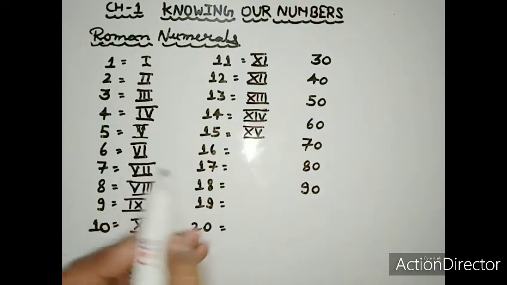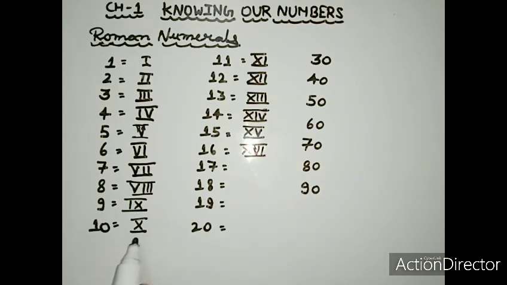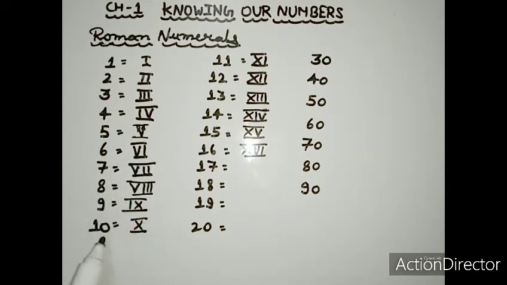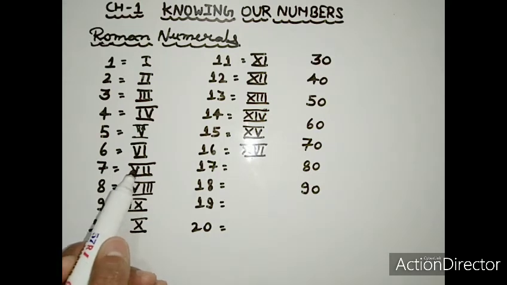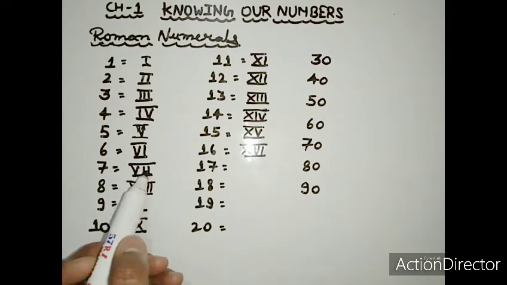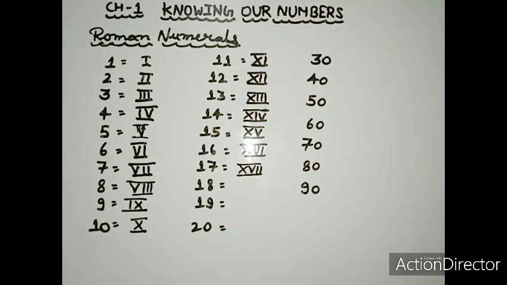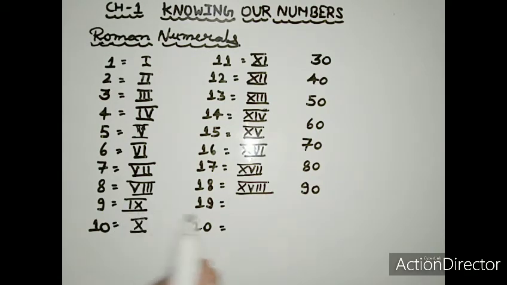X plus VI, 16, because here we represent 6 by using VI. So here 10 plus VI, 16. 10 plus 7, 17, means X plus V and double I, 2 times I here. So XVII, 17. Now 10 plus 8, 18. Now 10 plus 9, 19.